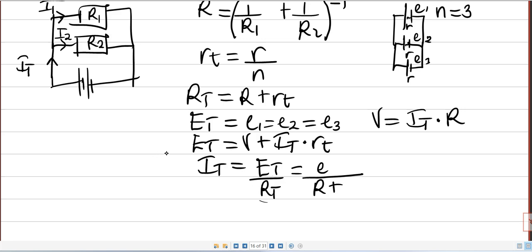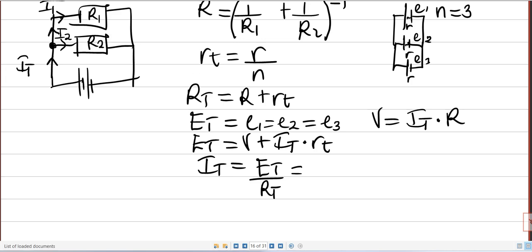Also, current in a parallel circuit, typically we say it adds. If you check this I total here, it reaches this point. As soon as it reaches this point, some current moves up, the other moves towards R2.